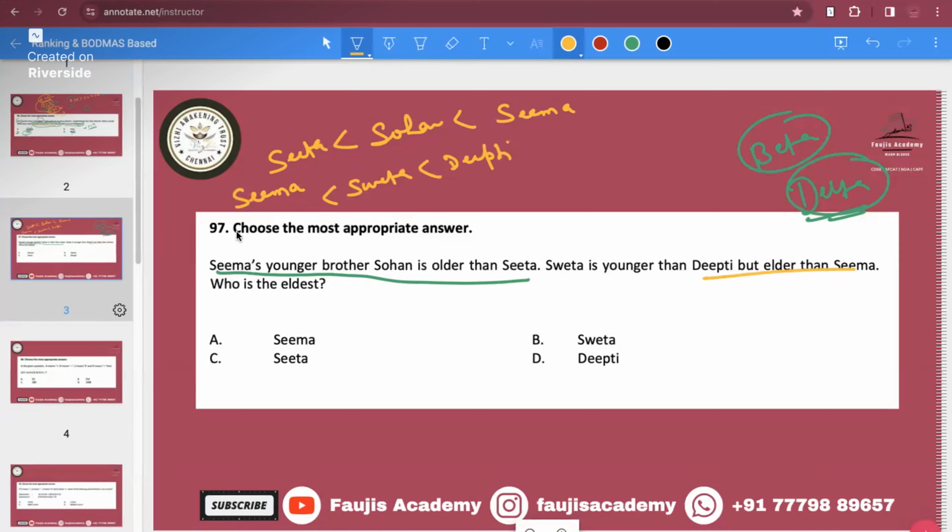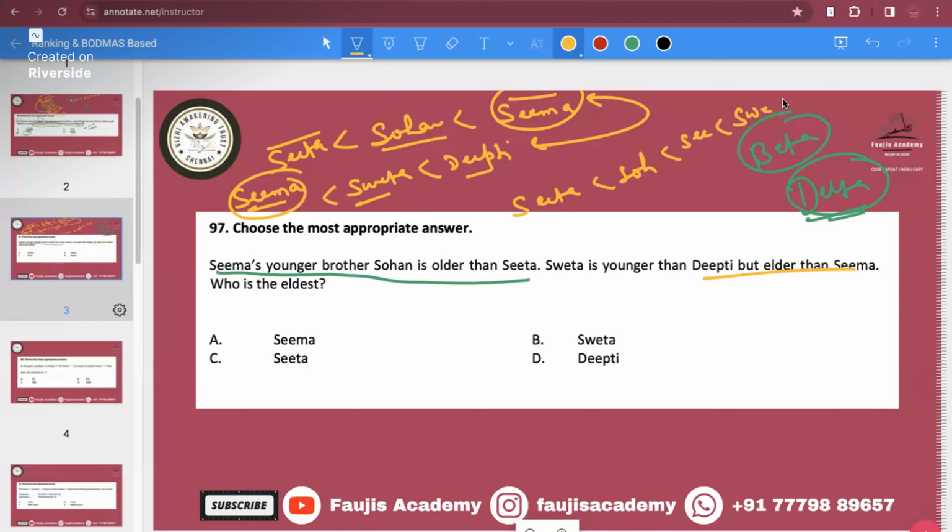Right. So if we combine these two, this is Sita, Sohan, Seema. Seema again, two times Seema. Sweta, Deepti. If we club these two, what we will get? We will get Sita, who will be the youngest, then Sohan, then Seema, then Sweta, then Deepti.